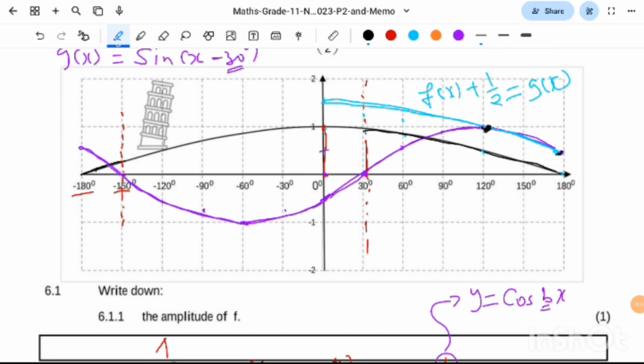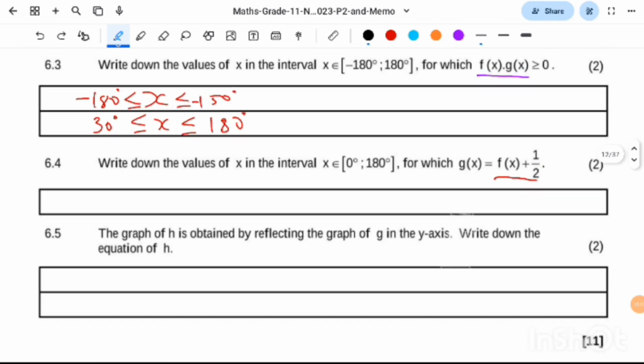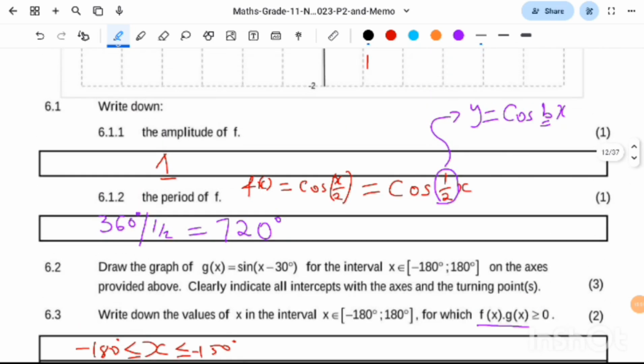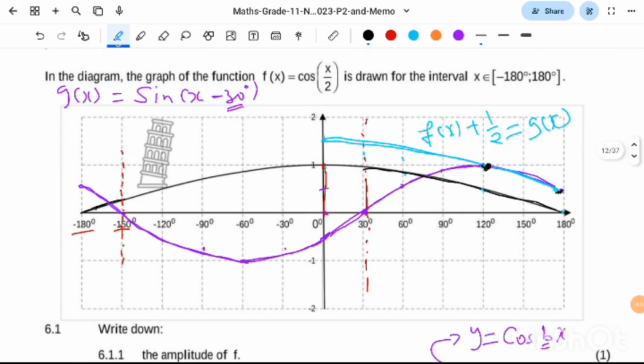So in actual fact, we will say that the value is when x is equal to 120 or when x is equal to 180, because our graph has now shifted half a unit up.